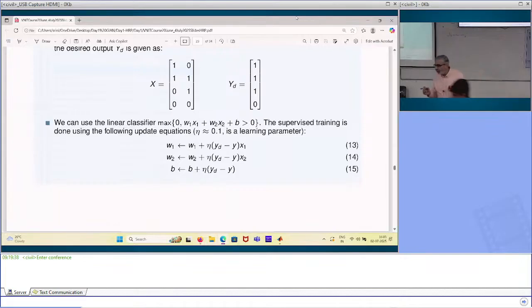Yes, loudly. Yes? What is the purpose of load flow? I mean, you can never forget that. What is the purpose of load flow?